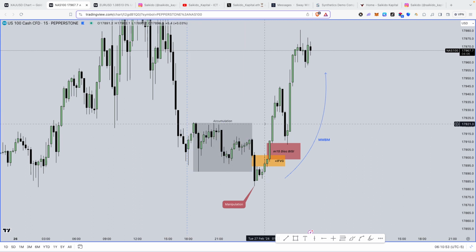So this displacement candle on retracement, I was looking for an institutional order flow entry inside this fair value gap. Why? Because normally if you have two fair value gaps, this one and that one, on retracement we are not looking for price to refer back to this fair value gap if we are bullish, okay?